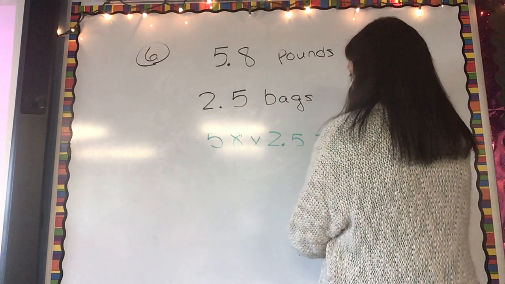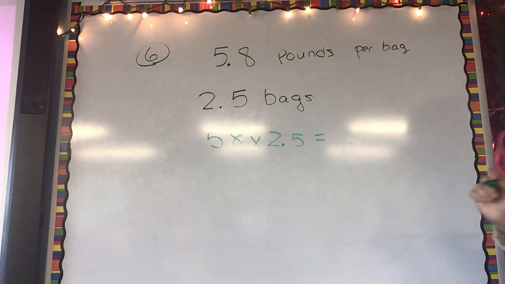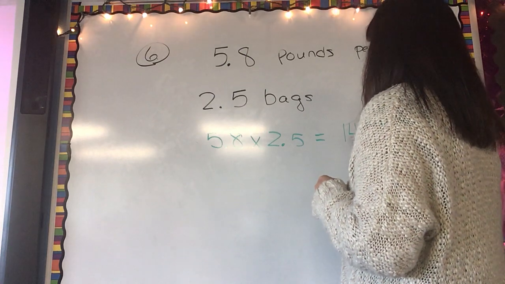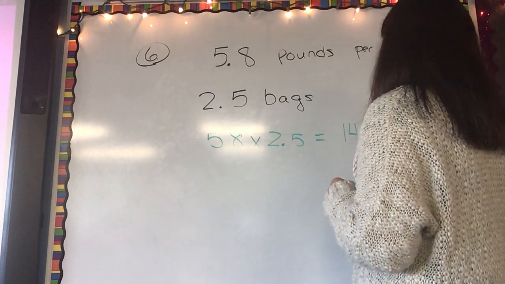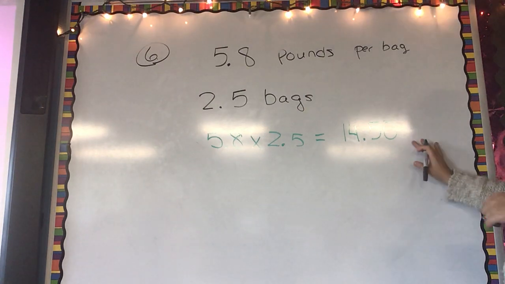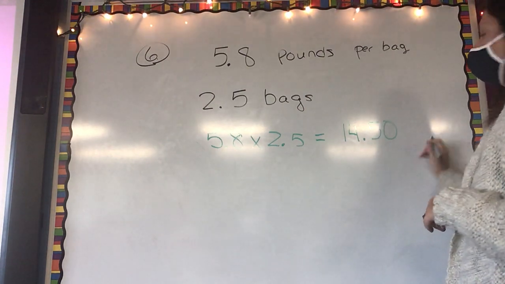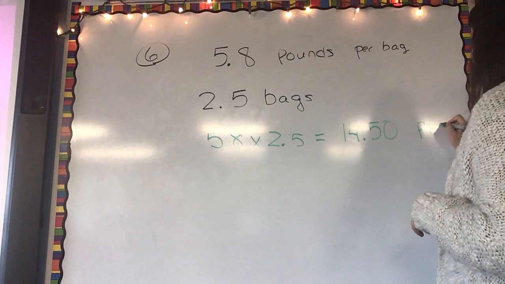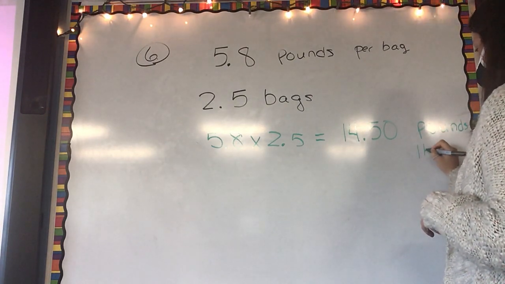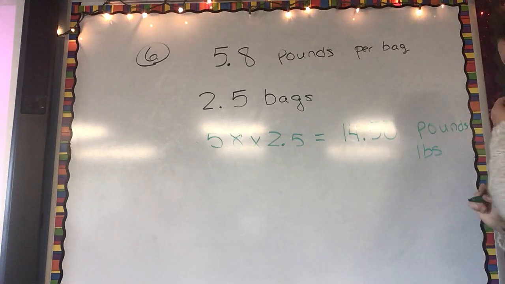And when you did this math, 5.8 times 2.5, what did you get, Kara? 14.5. Is she correct? Give me a thumbs up. Yes. And what is my label here? Pounds. Good. Pounds, or you could say LBS. That is the abbreviation for pounds.